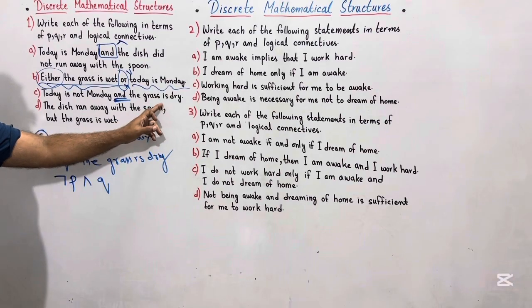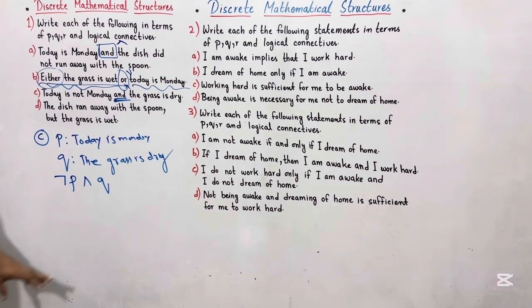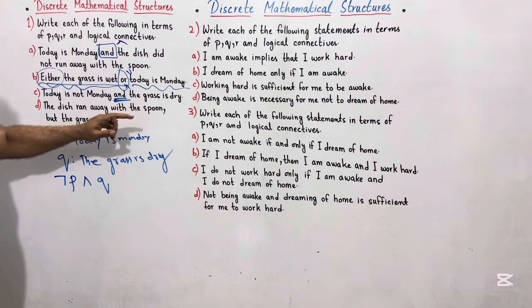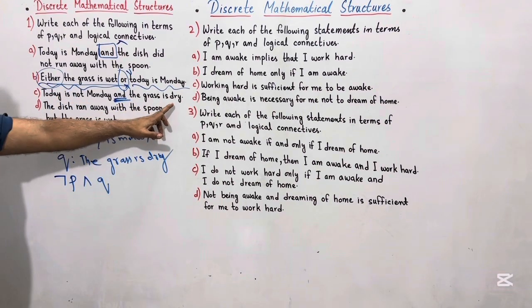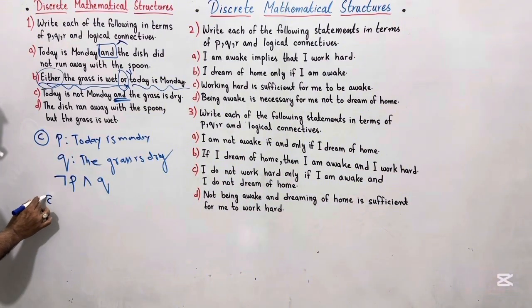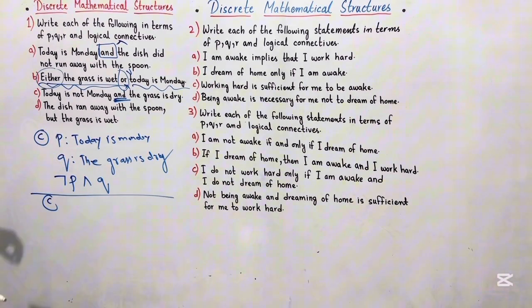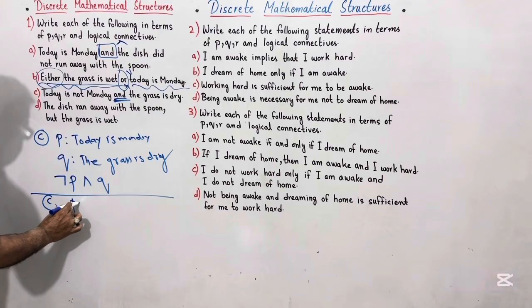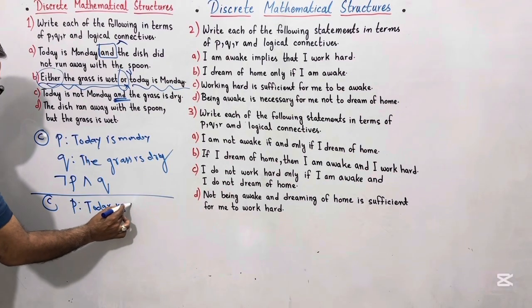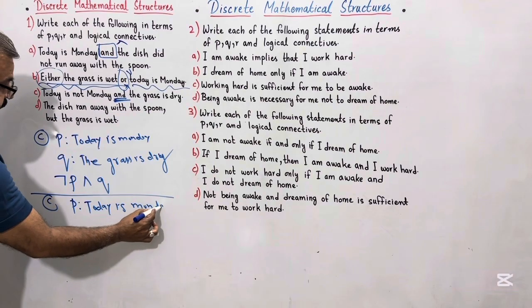The grass is dry. If you take the basic proposition, the grass is wet, then it is going to be in that fashion. P is today is Monday.